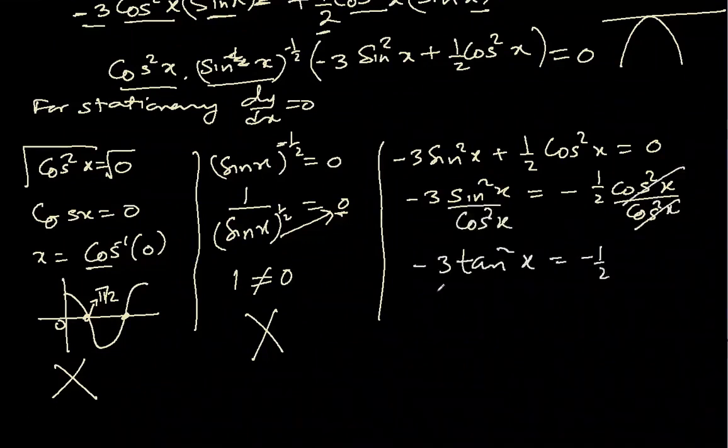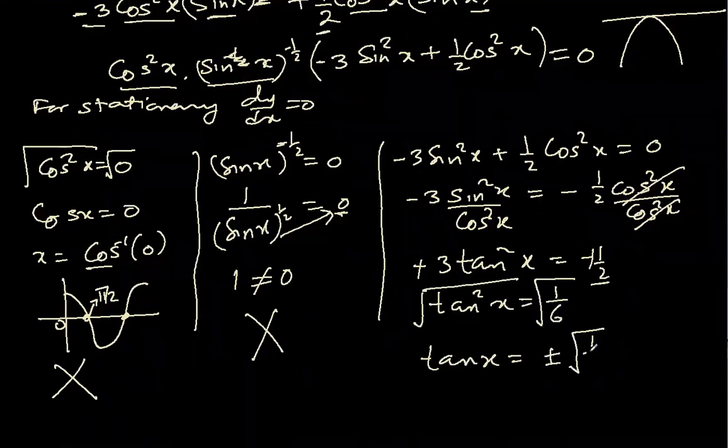Both are negative, so we can cancel negative signs. Tan square x equal to, 3 multiplies with 2, cross multiply, 1 over 6. Alright, that means we square root both. So tan x is plus and minus square root of 1 over 6. Odd kind of answer, but yeah, this is the answer.